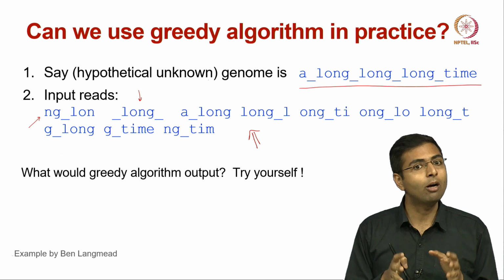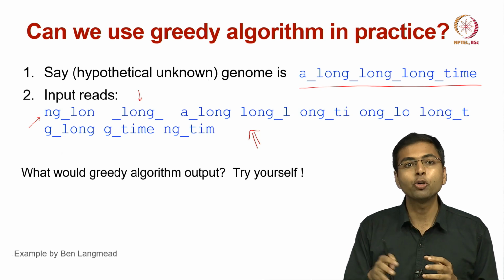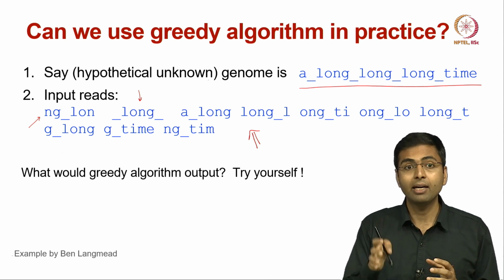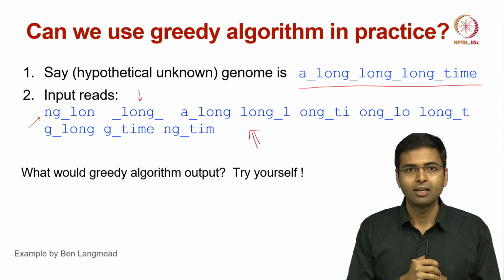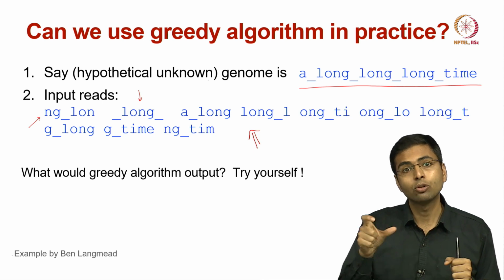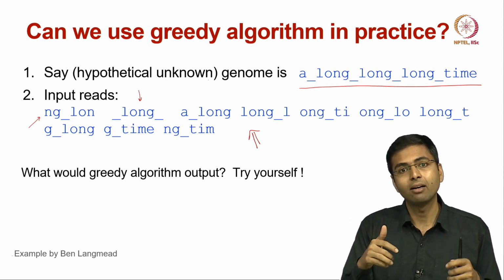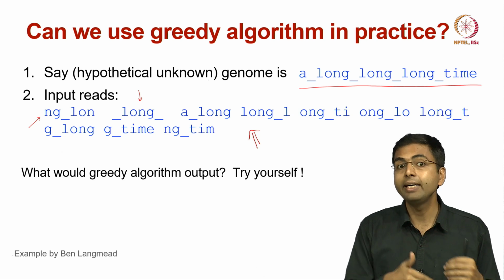Now, you have already seen how the greedy algorithm works. So, I encourage you to try this yourself. You can build a graph with 10 vertices and connect those pairs of vertices as we have described in the greedy algorithm.